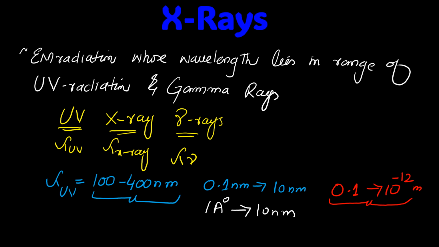So X-rays are electromagnetic radiations whose wavelength lies between ultraviolet radiations and gamma rays. Since the wavelength of X-rays is very short, X-rays are known as high energetic radiations.